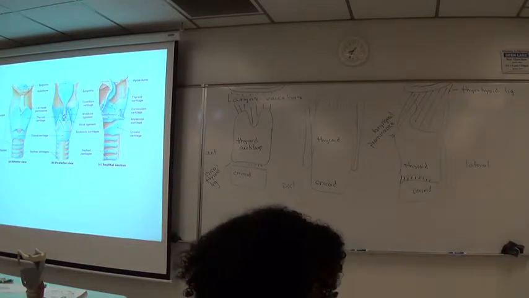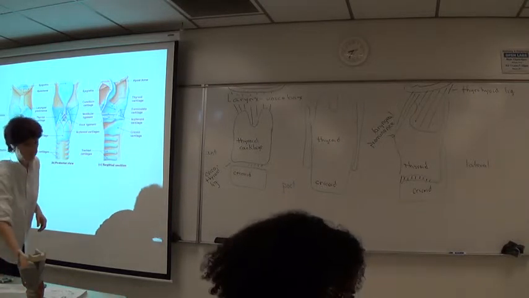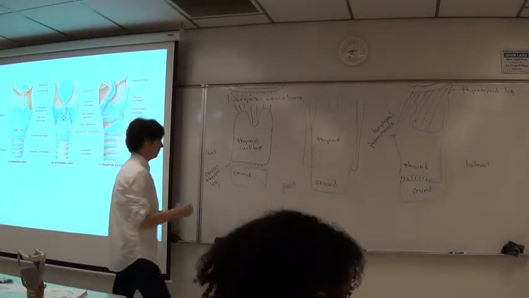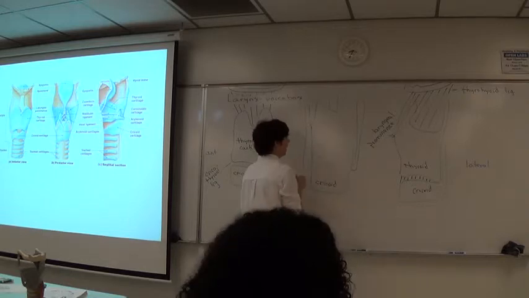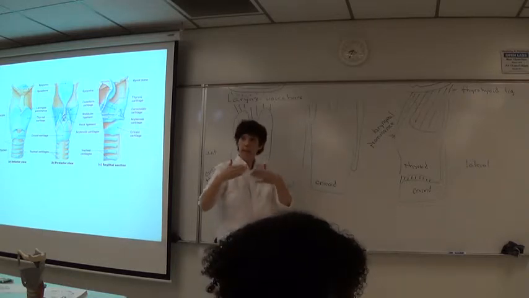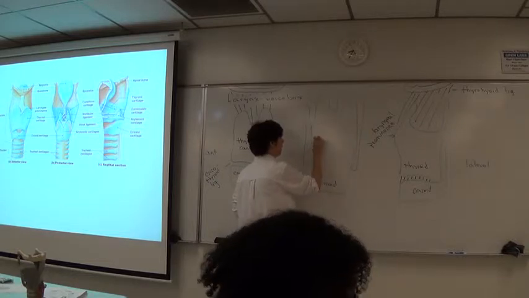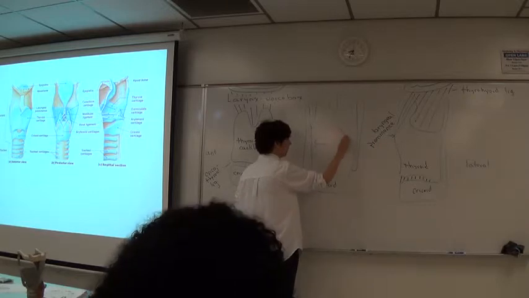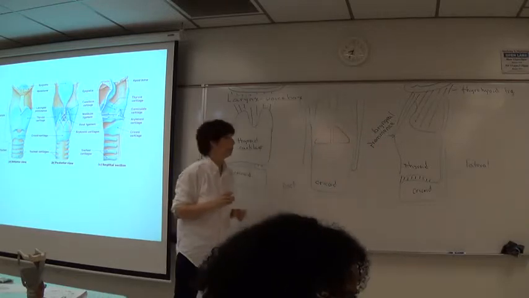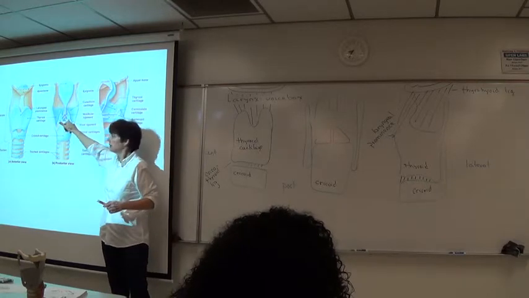Looking posteriorly, we have 3 pairs of smaller cartilages. Like little swing doors sitting on top of the cricoid cartilage, we have these 2 triangular or pyramidal shaped cartilages known as the arytenoid.